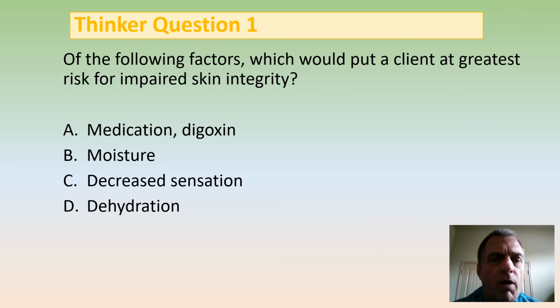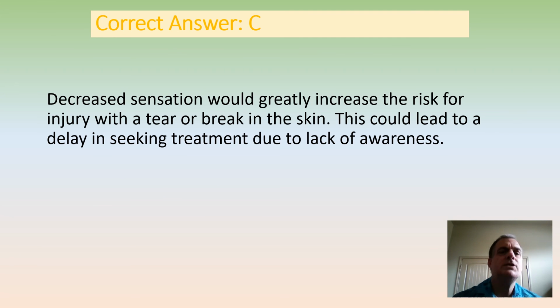Of all the following factors, which would put a client at greatest risk for impaired skin integrity? We've talked about this multiple times, and if you selected answer C, you are correct.